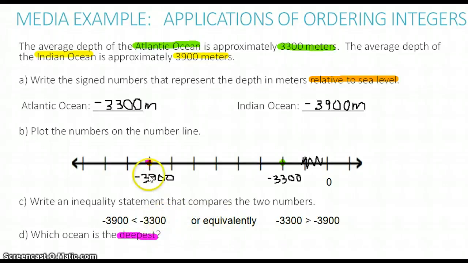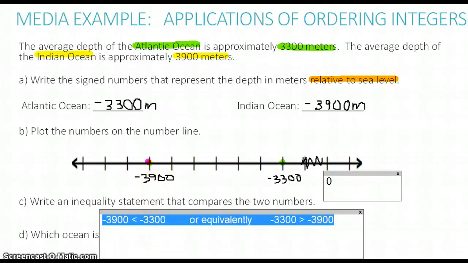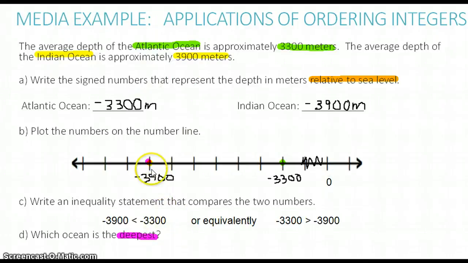Okay? So negative 3,900 is less than negative 3,300. However, the ocean that's the deepest is the ocean at negative 3,900 meters, or the Indian Ocean.